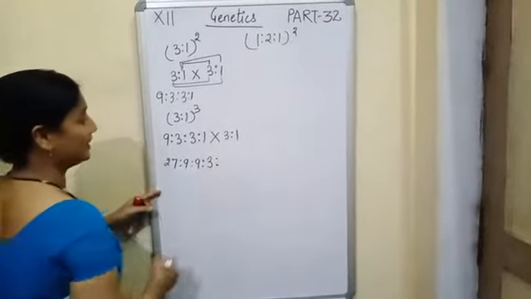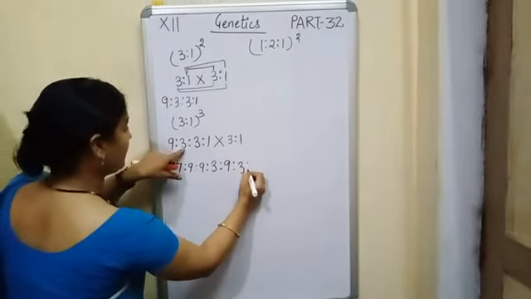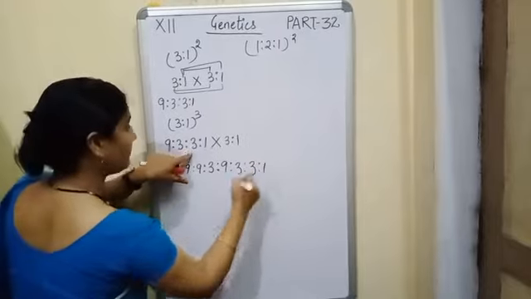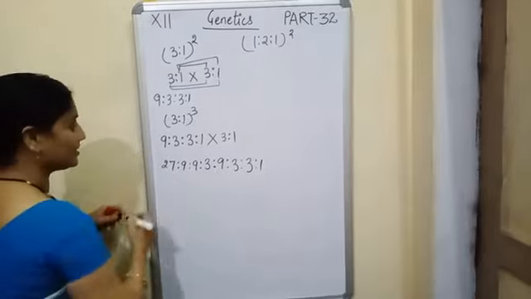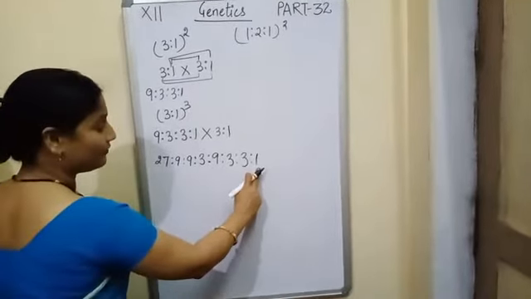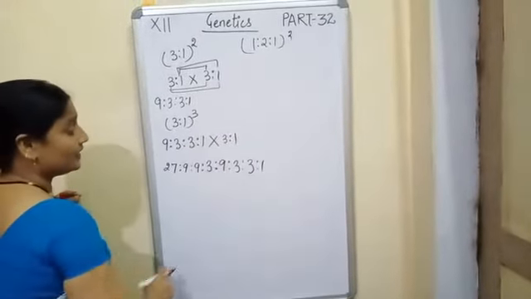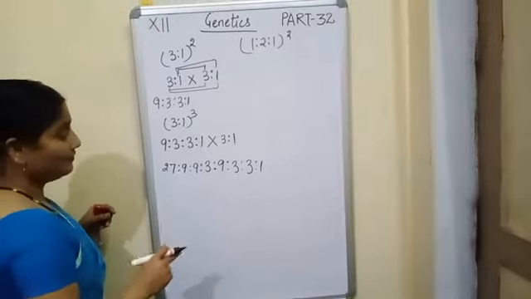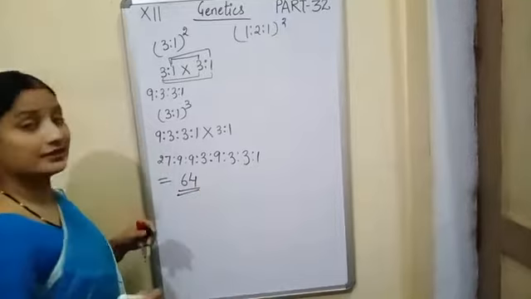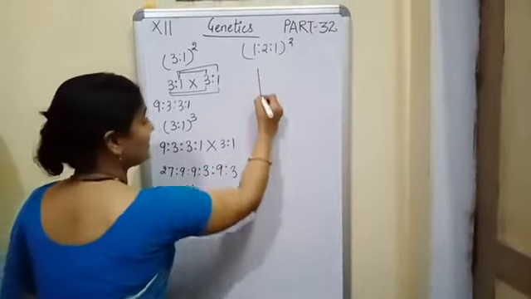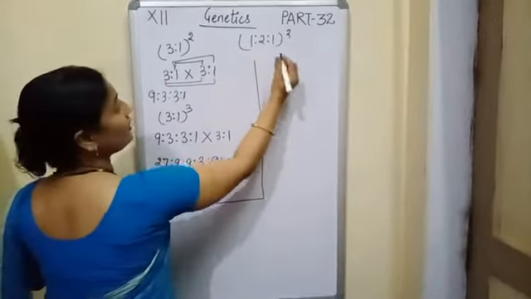Now it's a turn for 1. 1, 9, then 3, then 3, then 1. Now you please count this, whether it is coming 64 or not. 3 plus 4, 1, 4 plus 3, 7, 7 plus 9, 10, 13, 14, 15. Okay, all together if you count it, you will get it as a 64. Clear? Same process. By using same process, you can go for this.